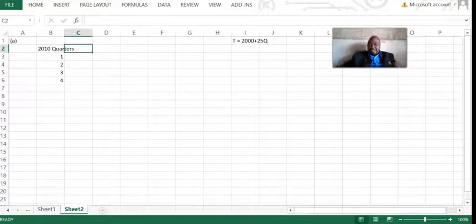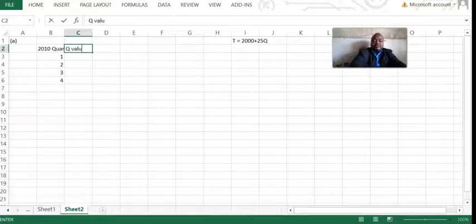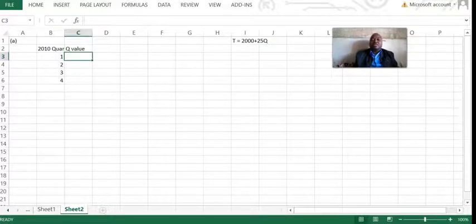Q value represents the number of the quarter we are referring to, the quarter number. We know that we have got 4 quarters in every year.